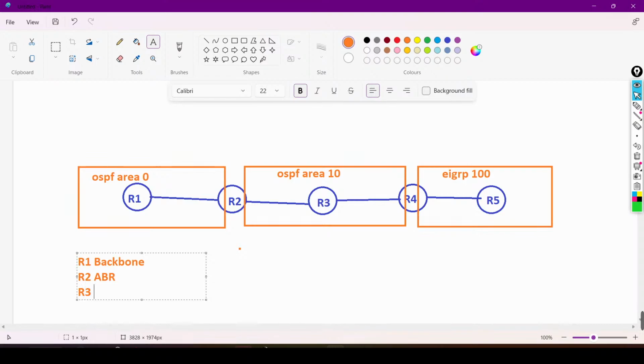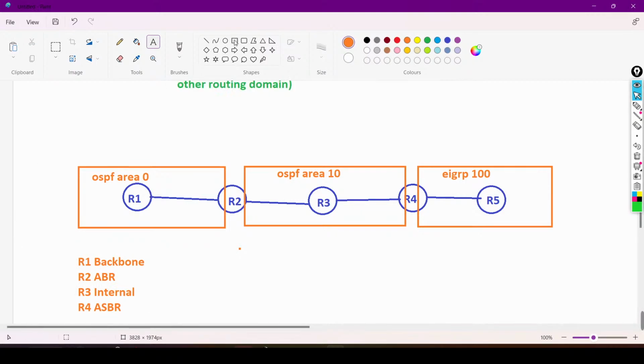R3 is which type of router? Internal router. R4 is which type of router? ASBR router. Yes or no? And R5 is in the EIGRP domain. Is it clear?